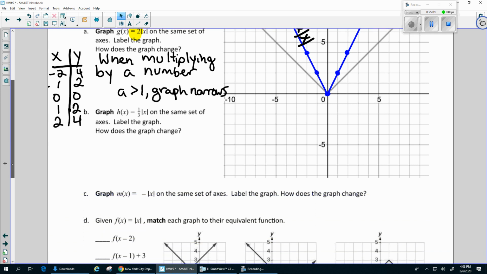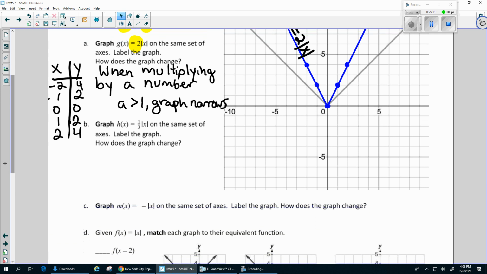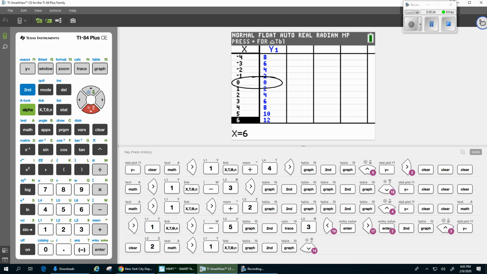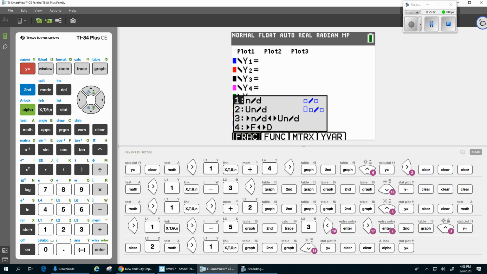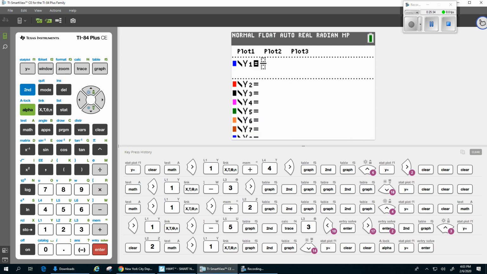Let's look at B. Well, now I'm multiplying by a fraction smaller than 1. Let's look at our graphing calculator. I'm going to multiply by 1/3. So go back to y equals, clear it out. I'm now going to use alpha y equals, choose option 1, and type in my 1/3.